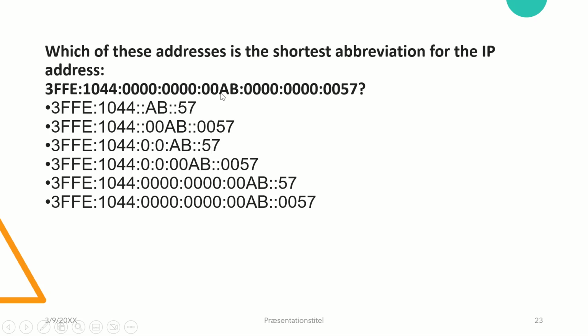Only AB should stay, and again a colon, and the last should be 57 because 0057 is like 57. Yes, this one is right here. Instead of that, for example, here you can write 0.